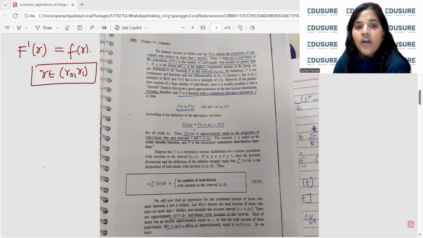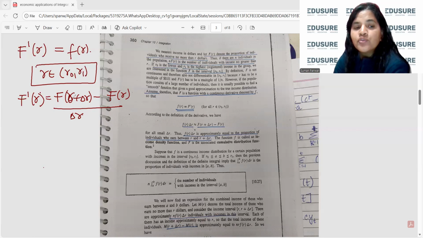According to the definition of derivative, we know what the definition of derivative is. So F'(r) should be equal to (F(r + Δr) − F(r)) divided by Δr, as Δr goes to 0.